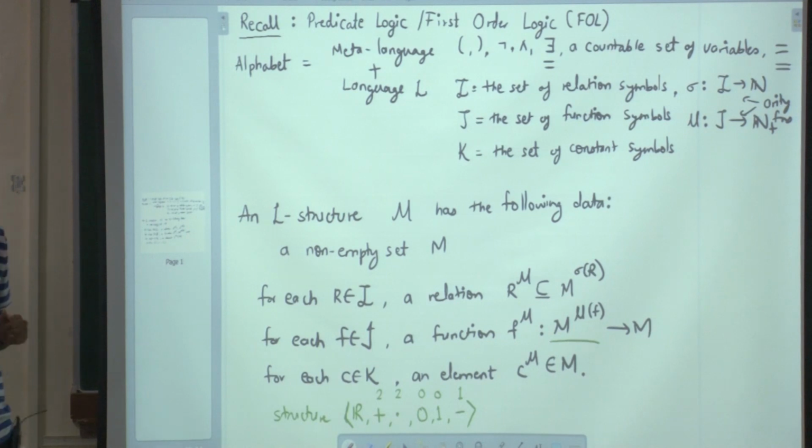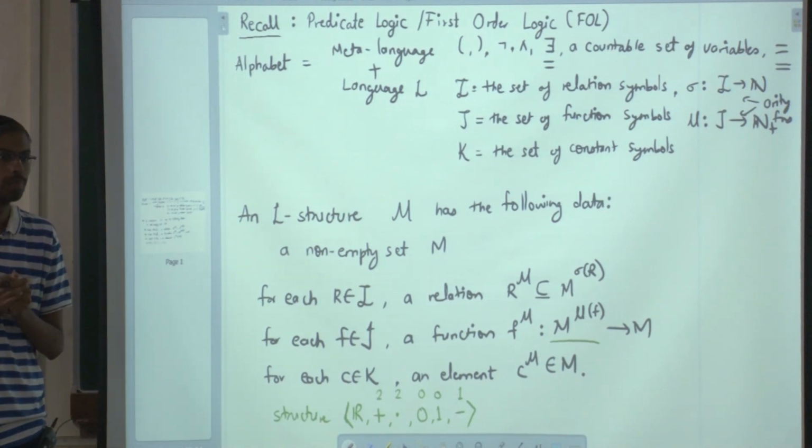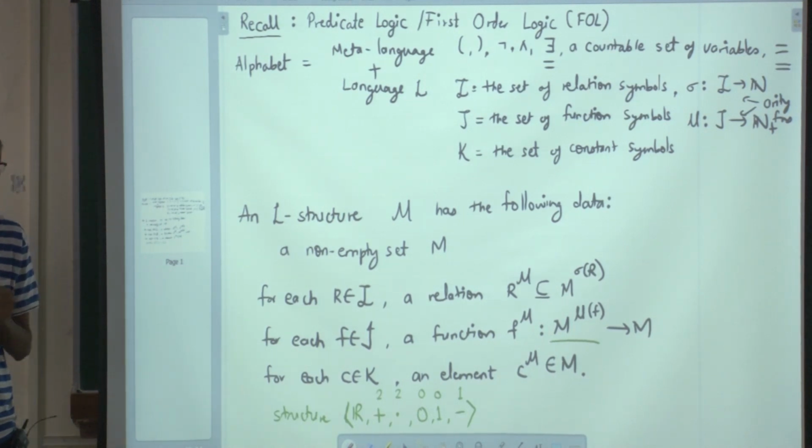I said that you have to take inputs from M, or so many inputs from M. Multiplicative inverse, if it takes 0 as input, what should it output? Do you want to formally define 0 inverse is 0 and break mathematics? We don't want to do that. So it's not a function. Multiplicative inverse can be defined using properties, the formulas that we define. But right now it's not part of the structure.